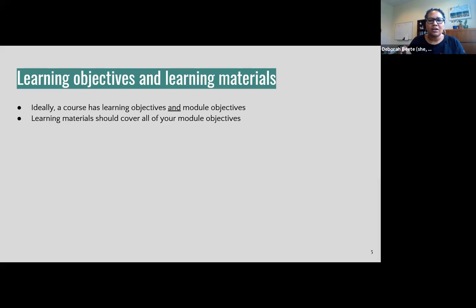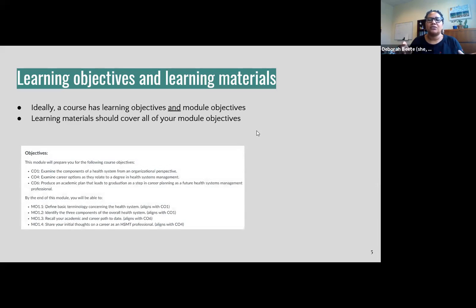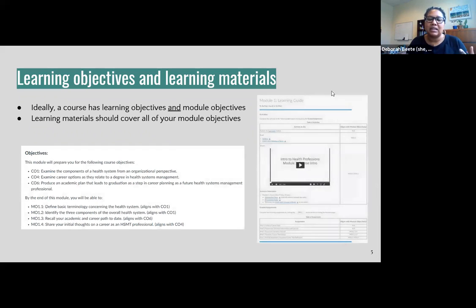So if you look on our slide, you will see this is, okay, I will confess, for my best developed course. It has every module, you will see the course objectives that I'm covering, the module objectives that are related to the course objectives. And you will also see, and we gave you a page that wasn't too busy, where I am connecting not only their learning assignments, but anything that I give them to read, watch, etc., to their module objectives.